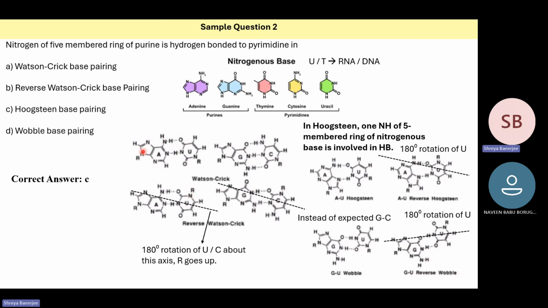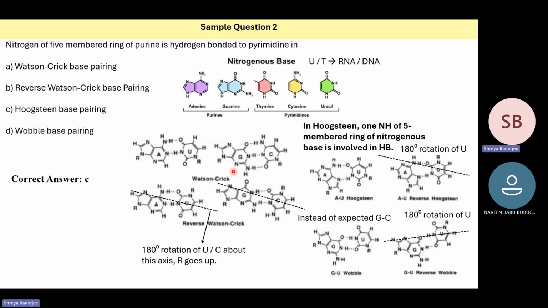One is the common Watson-Crick, where A pairs with T or U, depending on whether it's DNA or RNA, and G pairs with C. So in AT or AU, there will be 2 hydrogen bonds, and in GC, there will be 3 hydrogen bonds. In this Watson-Crick base pairing, you can see that in A or G, that is the purine, it is only the 6-membered ring that is participating in hydrogen bonding.